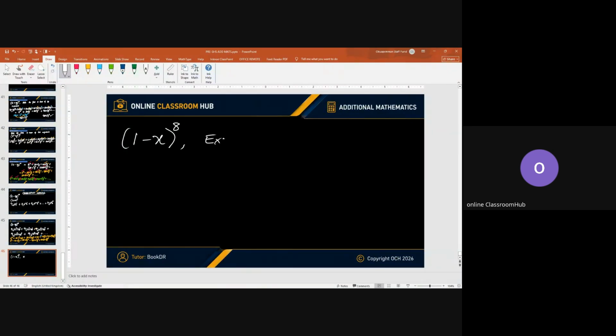Find the first 5 terms of this expansion. The first 5 terms of this. So try this. Use the combination approach.